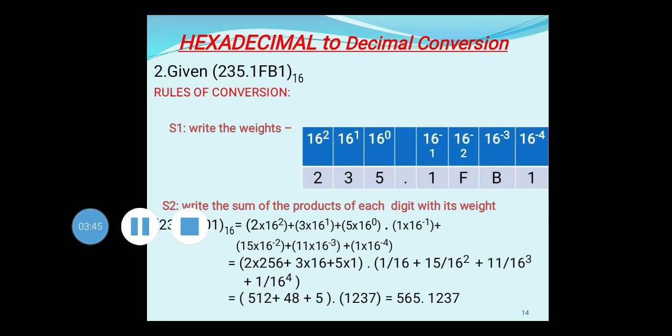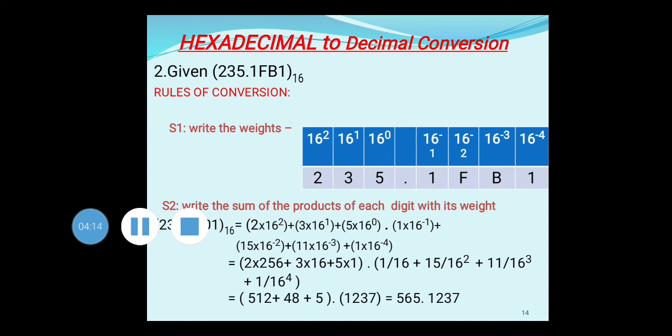Write the number 235.1FB1 as shown in the table, and above each digit write the weight. Since it is a hexadecimal number system, you write 16 as the base. You start with the integer part, that is before the hexadecimal point.